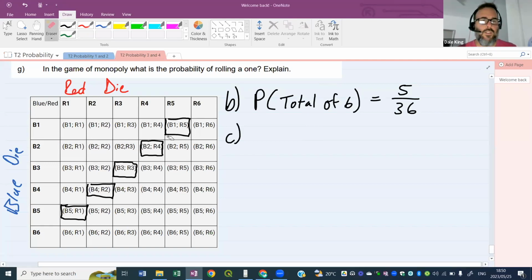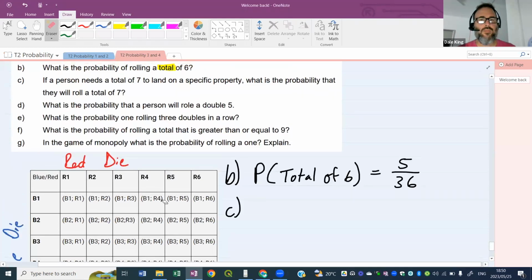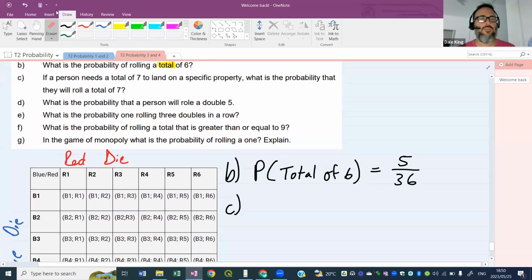Okay. All right. A brave soul for question C. Guys, this one's easy. Have a look at C. Read it there.